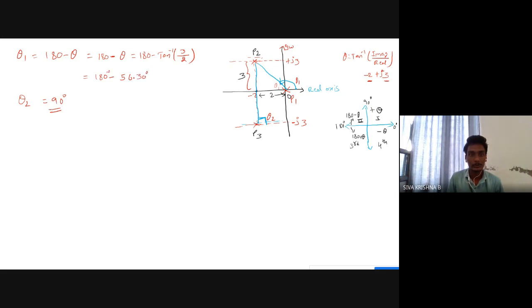So subtract these two and tell me. 123.7 degrees. So this is the theta 1 angle, and this is theta 2.